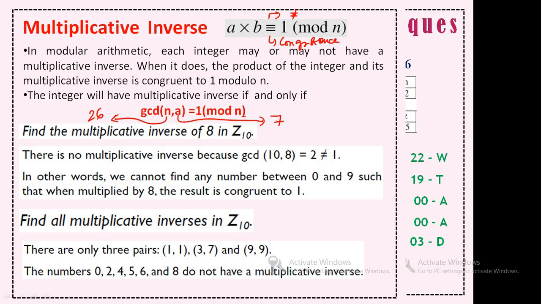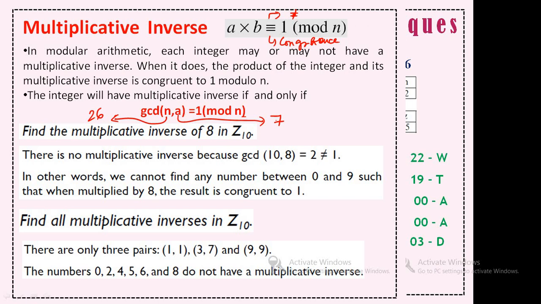So you are taking the GCD of 7 and 26, and the common factor is 1. If that condition is satisfied, that the modulus and the key value give a GCD of 1, then a multiplicative inverse of the data exists. That's the law, that's the process.